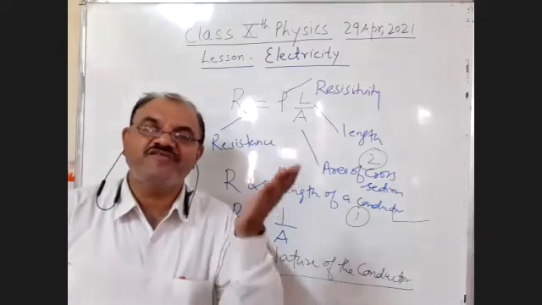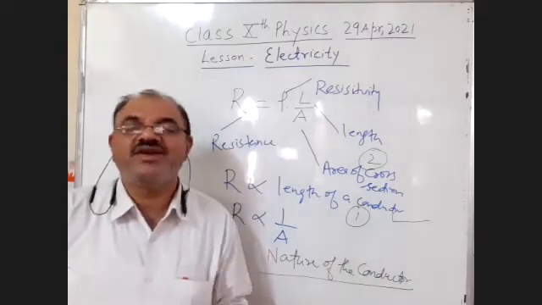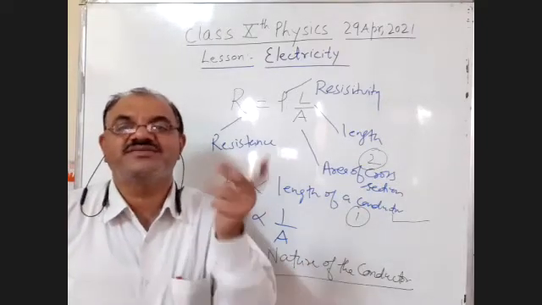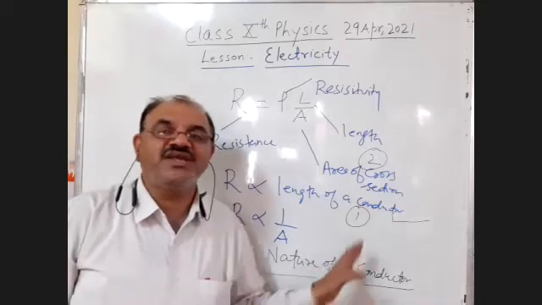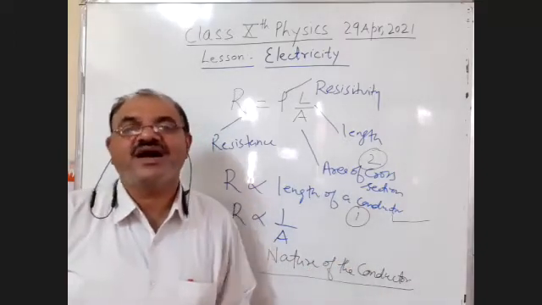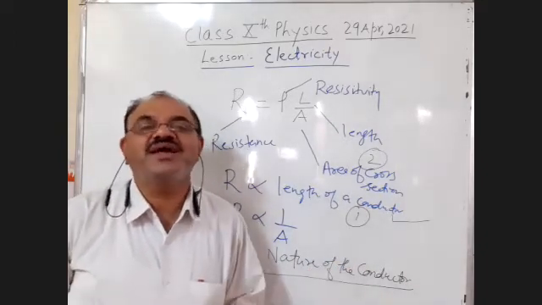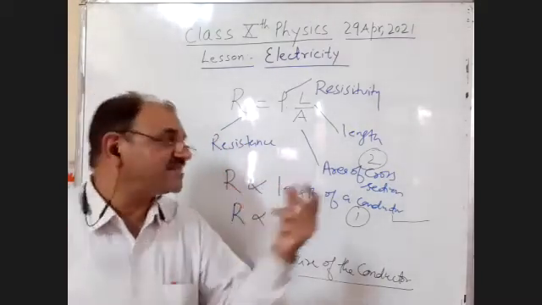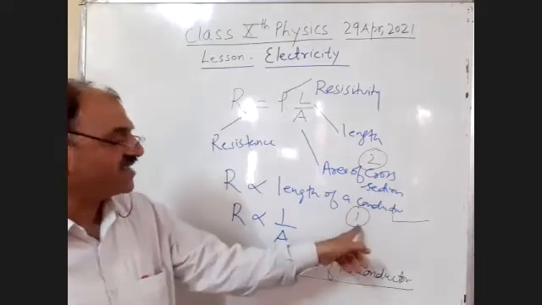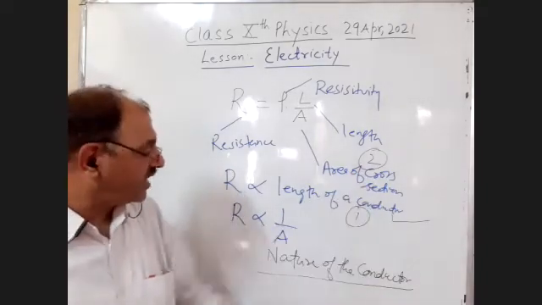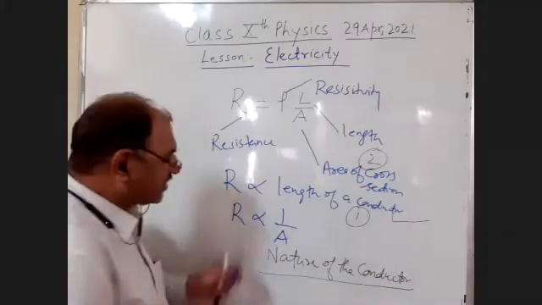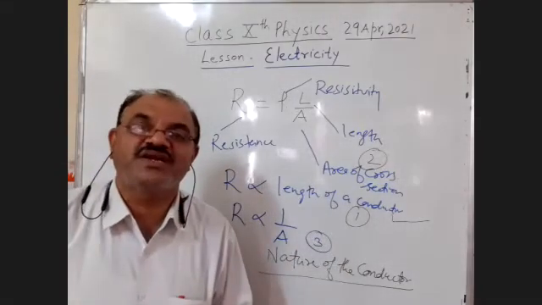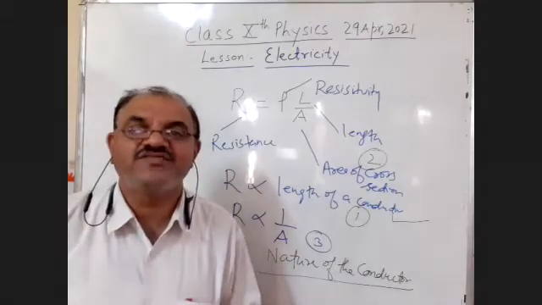If the value of resistivity is less, the current flowing capacity will increase, because resistivity and current are inversely proportional. Clear, students? So there are three factors: number one, the length of the conductor; number two, the area of cross section; and number three, the nature of the conductor. So that is the answer to your question number one.